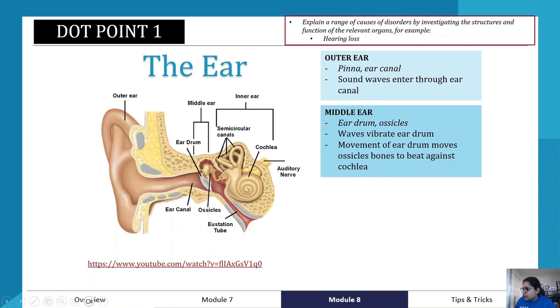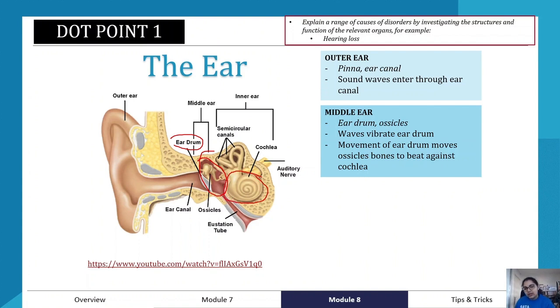So maybe I'll get the pen up again. So it includes the eardrums and the ossicles, and essentially waves vibrate the eardrum, and then that vibration causes the eardrum to move against the ossicle bones. And when that happens, the ossicle bone will then beat against the cochlea, and this is the cochlea.